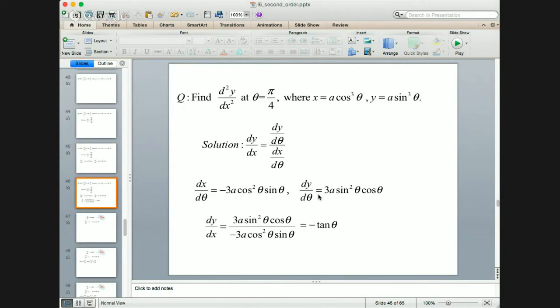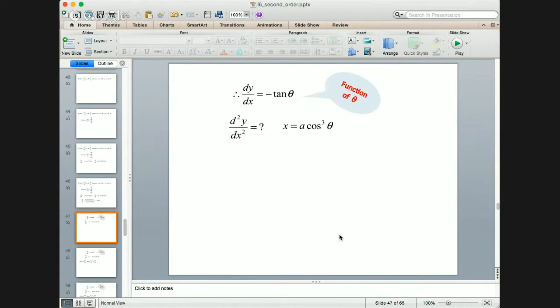So dy by dx is a quotient, which simplifies to be negative of tan theta. Now we are fine so far as the first derivative is concerned. Now this is a stage where you have to be very, very careful of what we are going to do next. You have to find the derivative of dy by dx with respect to x.